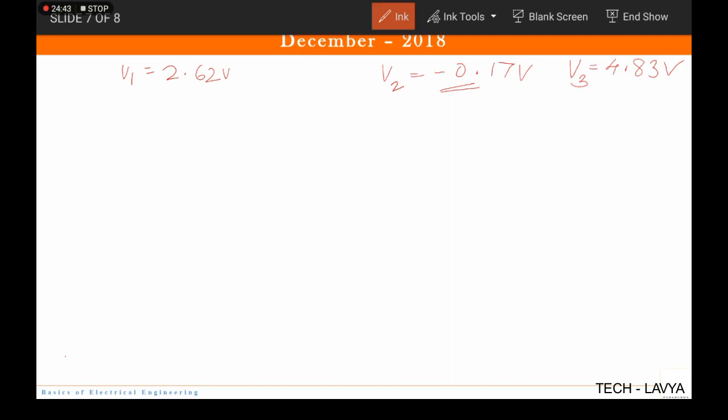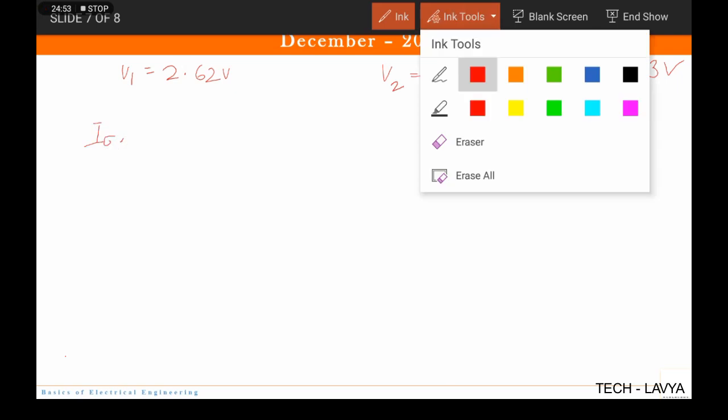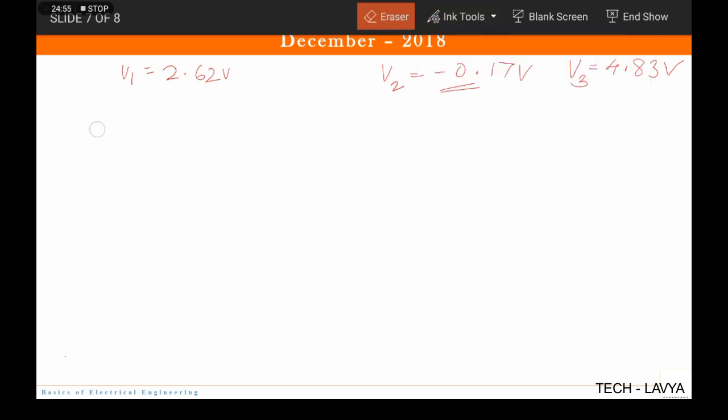Now if you go back to the circuit diagram, let us quickly go to the circuit diagram. What is the current through 0.5 ohms? How will you calculate the current through 0.5 ohms? Let me represent it by I 0.5. So it will be V1 minus V3 upon 0.5.